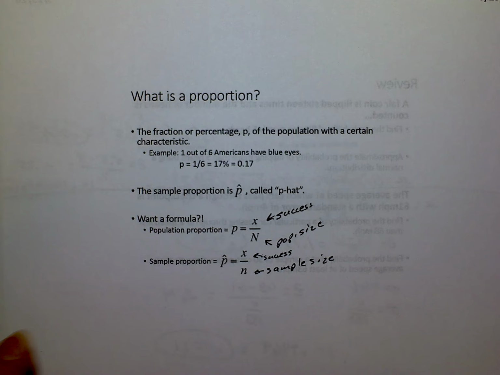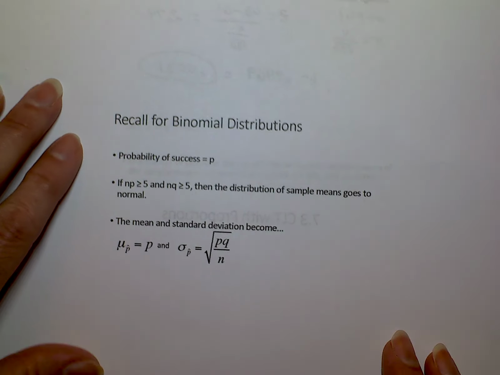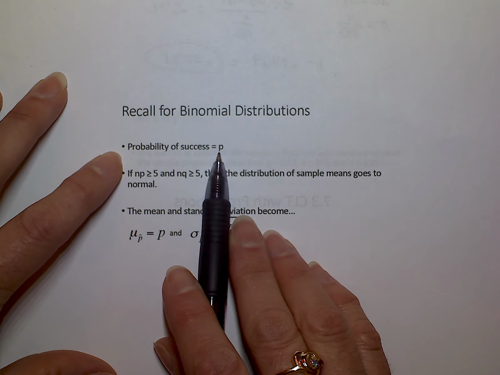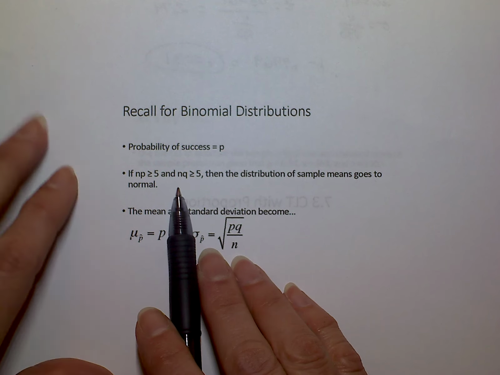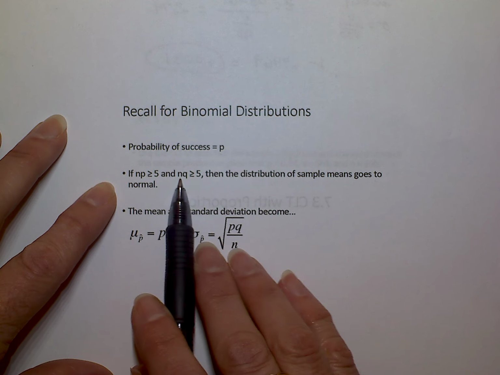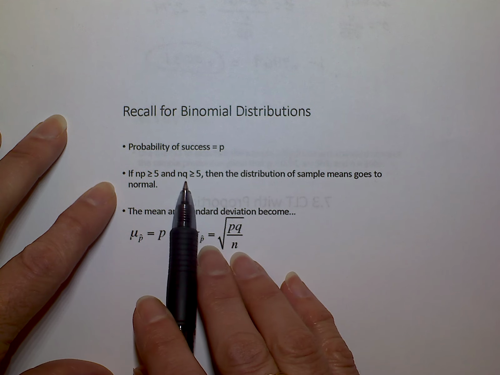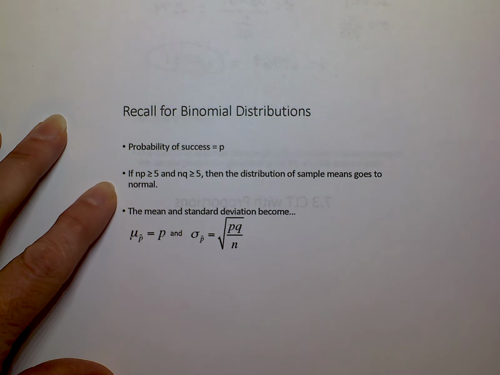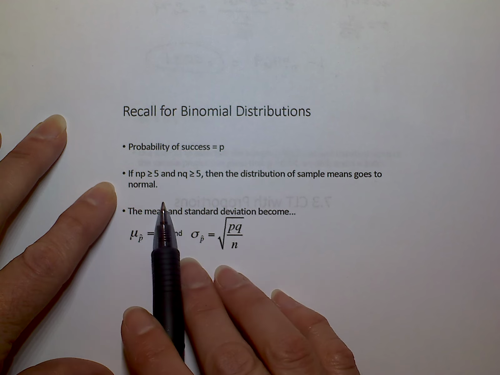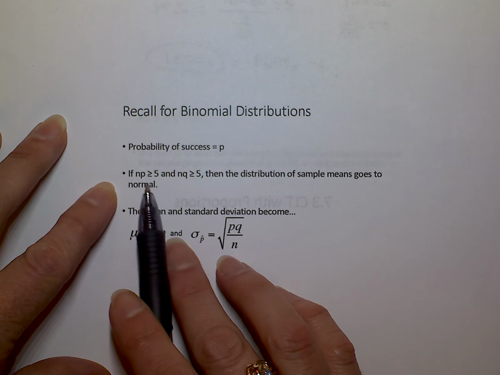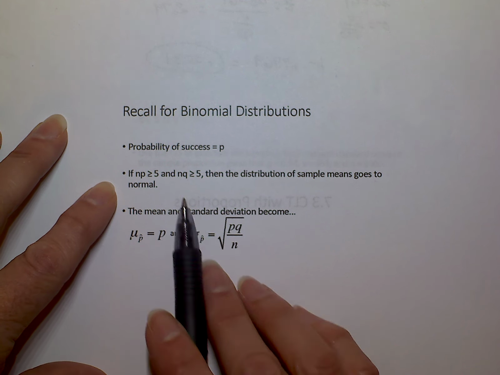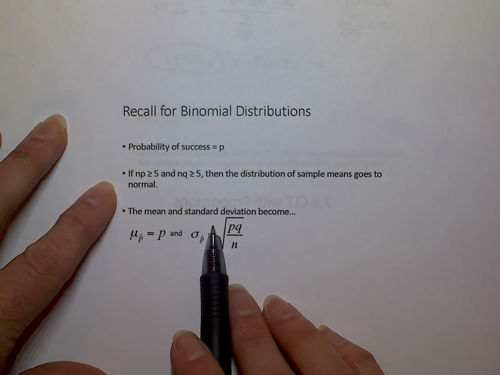So in a binomial distribution, if you'll recall, the probability of success is P. We also needed, in order to use the CLT, NP and NQ both to be greater than or equal to 5, which meant that I needed my sample size to be at least 30, so that would make that happen a little bit better. And if the probability is great enough, then it will turn into a normal distribution.